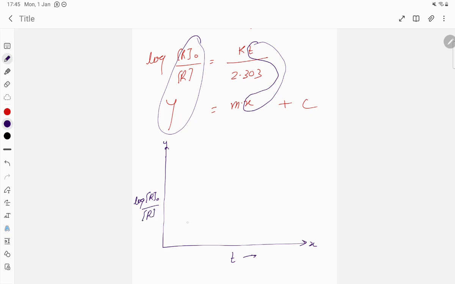Now slope will be positive, student. Here slope is equal to k upon 2.303, positive, and c intercept is 0, so it will start from 0. So this is the second case. Now is there any other case?